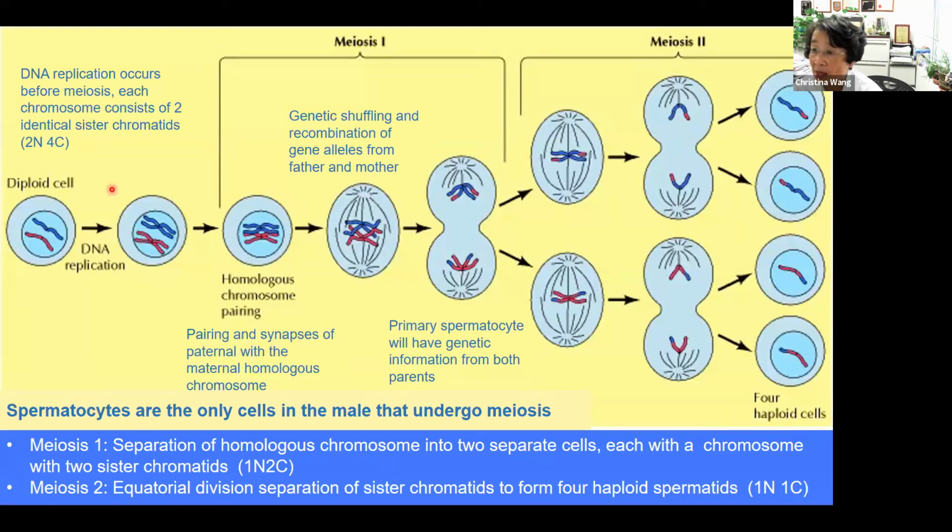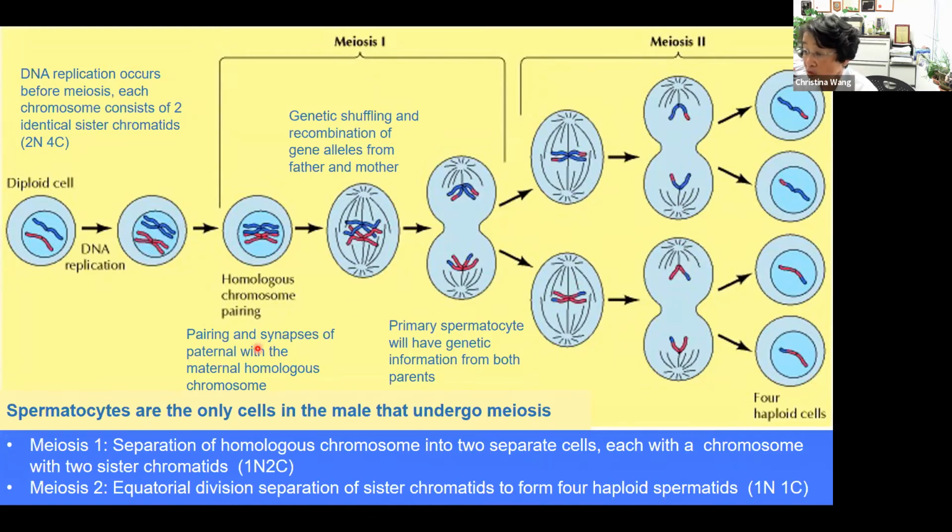So before meiosis takes place, the diploid spermatogonia, the DNA undergoes replication. So each of the chromosomes has two sister chromatids. The blue represents the chromosome that comes from the male, and the pink comes from the female.